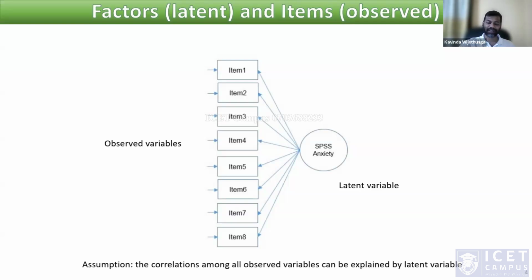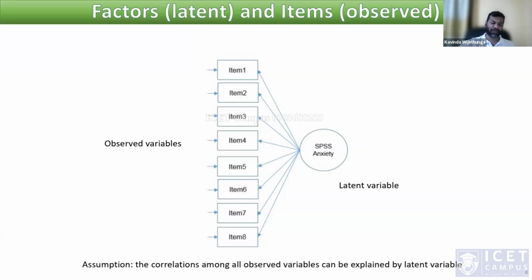Here SPSS anxiety is a latent variable, and for that there are 8 observed variables in your questionnaire. We call those the items. Factors are the latent variables, and items mean observed variables. Observed means the questions we ask from the participants. participants ළඟින් අහන question එකට තමයි අපි කියන්නේ observed variables, right?